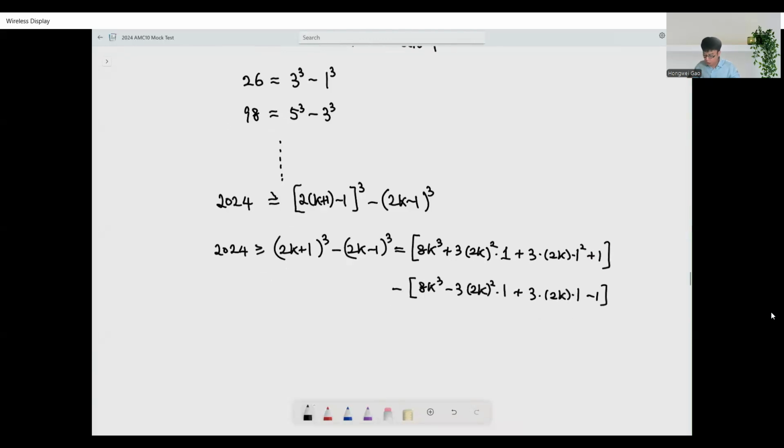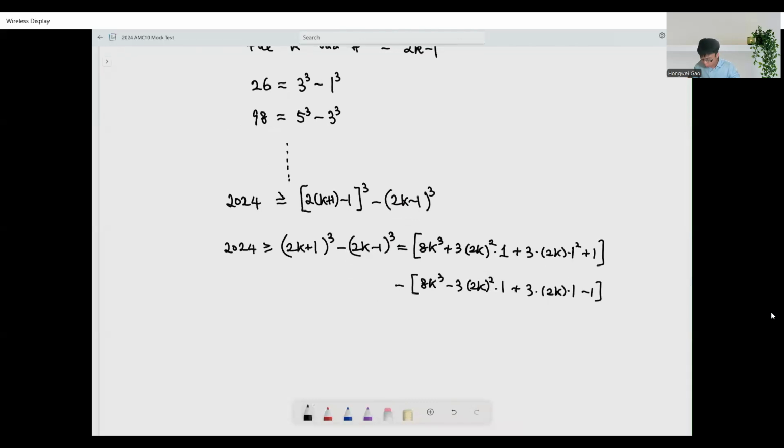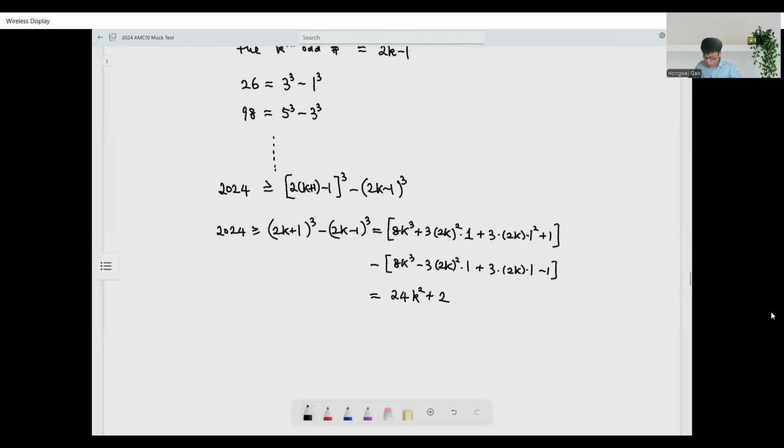After simplification, this is equal to 24k squared plus 2. Now we can just solve for k squared less than or equal to 2024 minus 2, divided by 24.